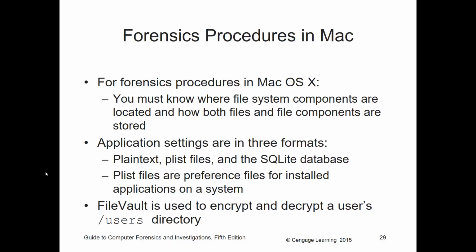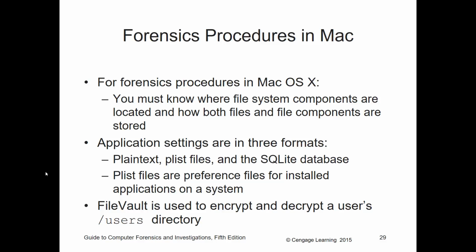For forensics purposes on Mac OS X, you must know what the file system components are, where they're located, how both the files and components are stored, and how the application settings are stored and formatted: plain text, a plist, and the SQLite database. Those plist files are preference files for installed applications.